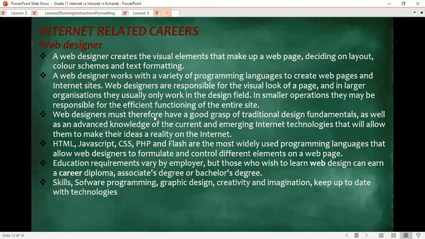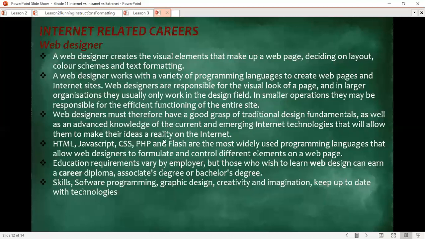Web designers must therefore have a good grasp of traditional design fundamentals, as well as an advanced knowledge of the current and emerging internet technologies that will allow them to make their ideas reality on the internet. So secondly, a web designer should be good at designing. That is another skill that they need.